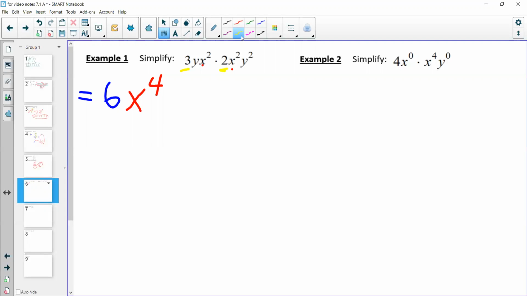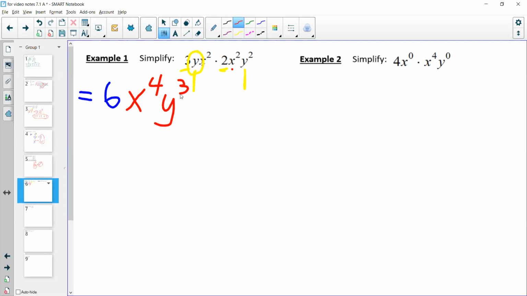Now I do the same thing for the y terms. Please remember that this y is really y to the 1 power. So when I add the exponents, I get y squared times y to the 1 equals y cubed. And that's my answer.